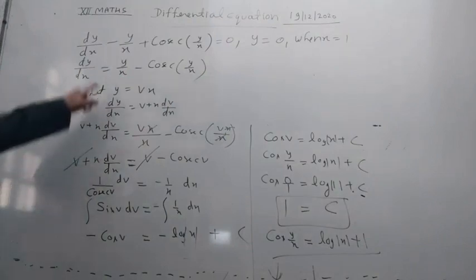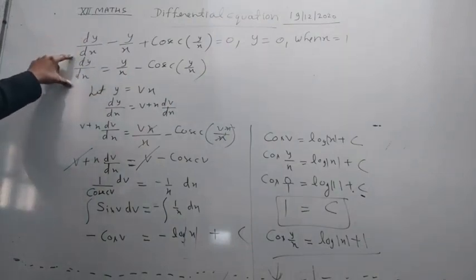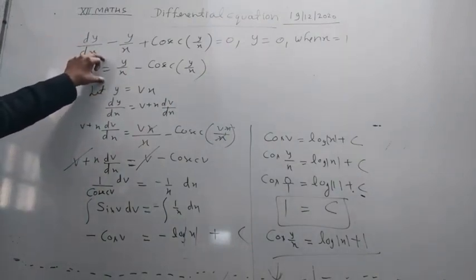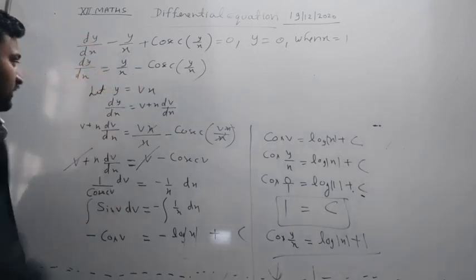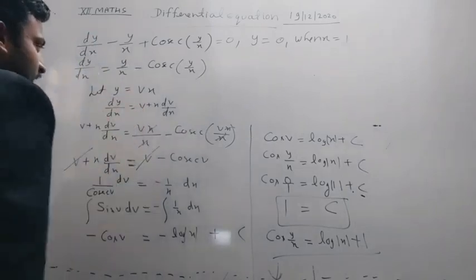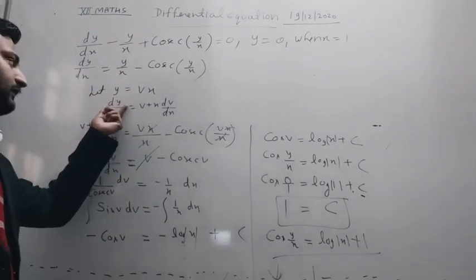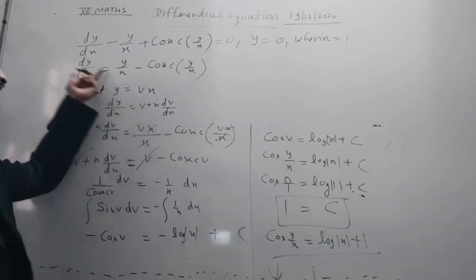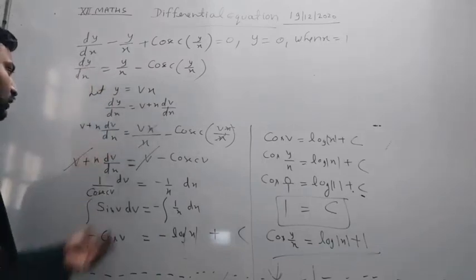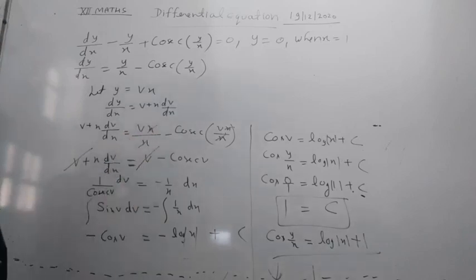Look at once again. This is our differential equation. We have changed it in this form, and we know this is our homogeneous differential equation. So we put y is equal to vx and differentiate this. Now we put the value of dy by dx in place of this here. Now we are seeing that the x is cancelled.